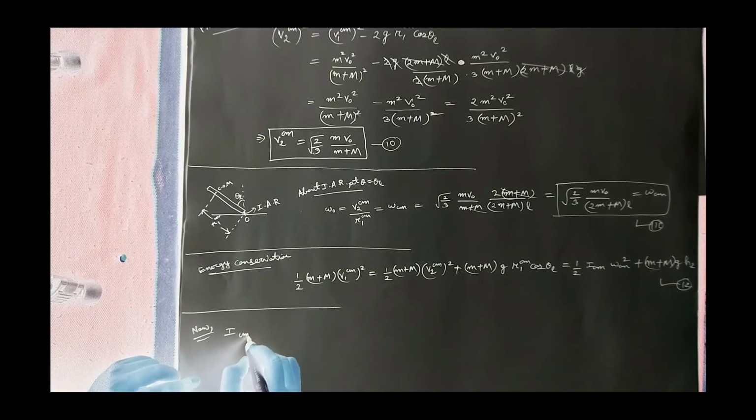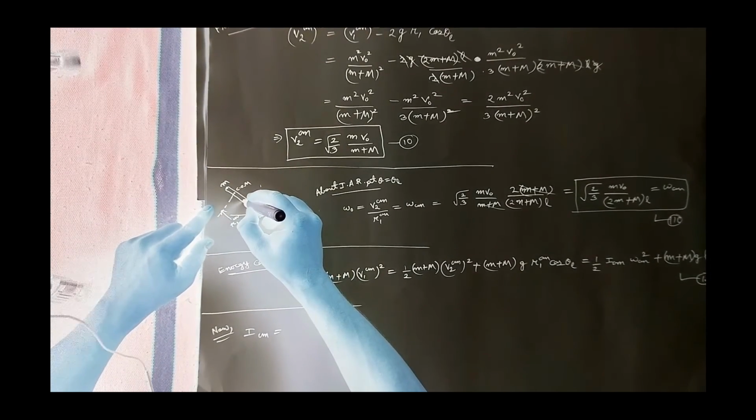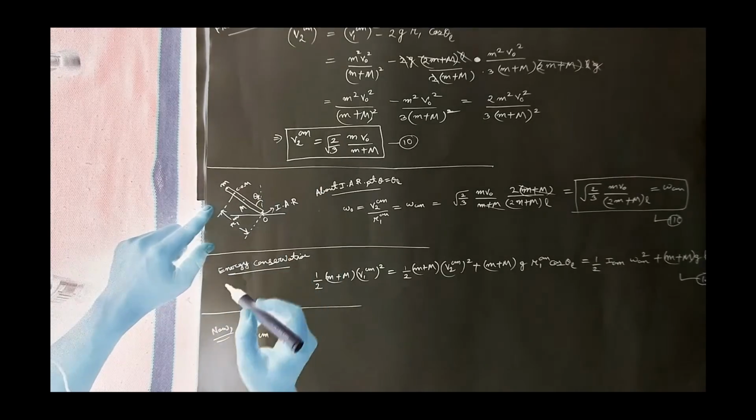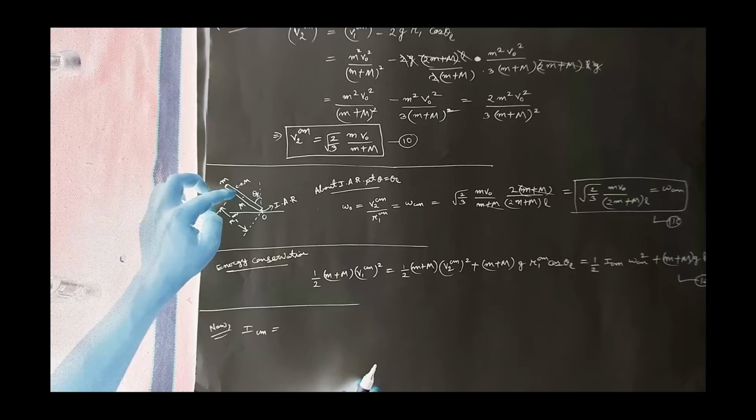Okay, so what I now need to know: this small m is attached here, the capital M is at the center, and I need the moment of inertia of this small m and capital M about the center of mass.